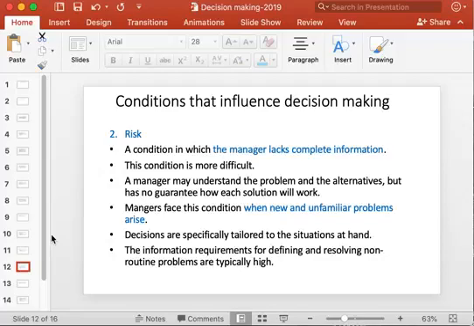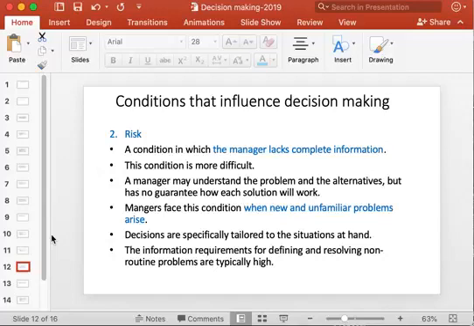So, a manager may understand the problem and the alternatives, but may not have a guarantee on how each solution will work.